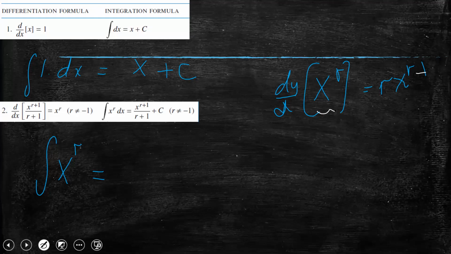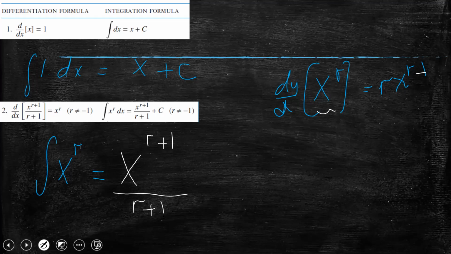But here in integration, I count on. That means x to the power r will become x to the power r plus 1. I will take the exponent, add 1 to it, and divide by the new exponent, which is r plus 1.